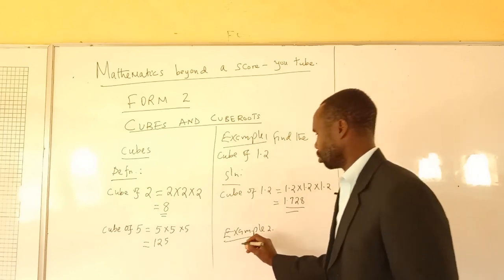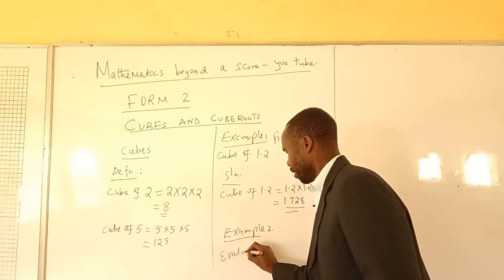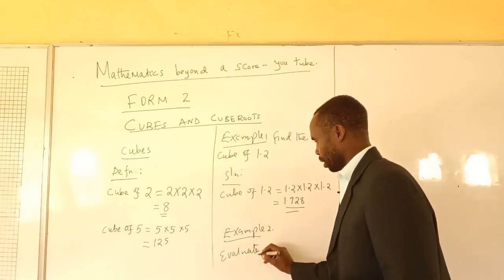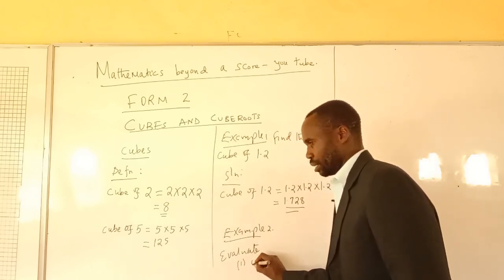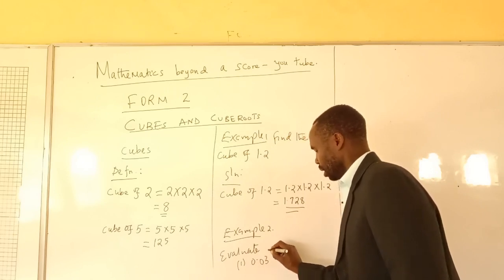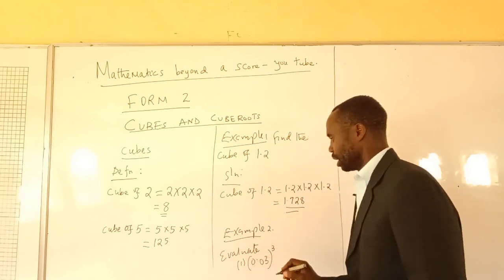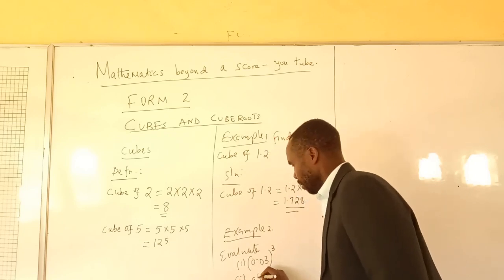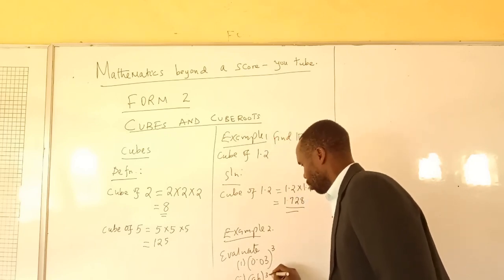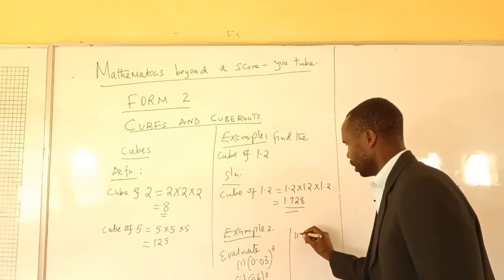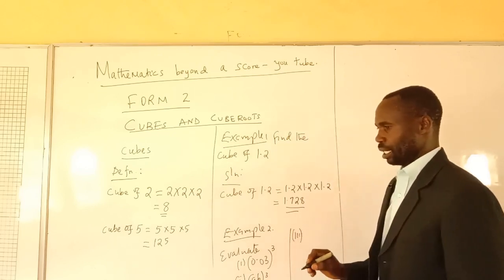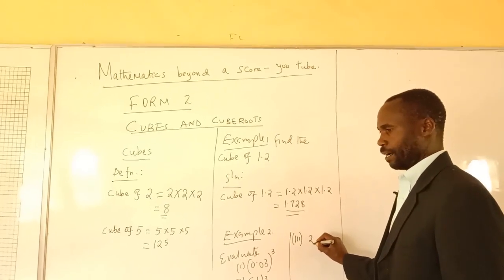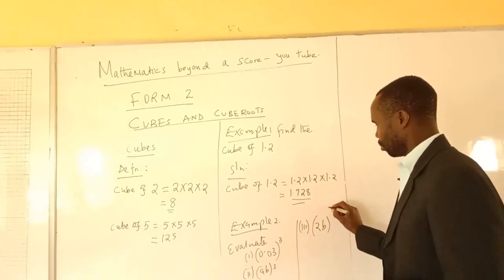Somebody tells you to evaluate: part 1 is 0.03 cubed, part 2 is (ab) cubed, then part 3, the last part, is (2b) cubed.